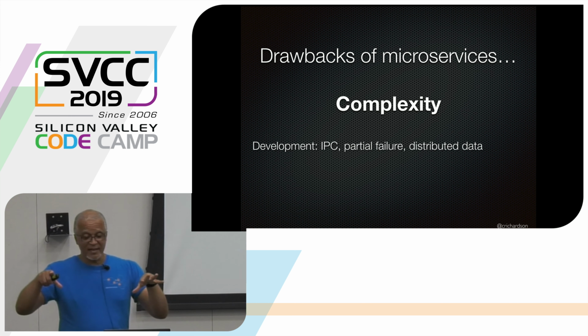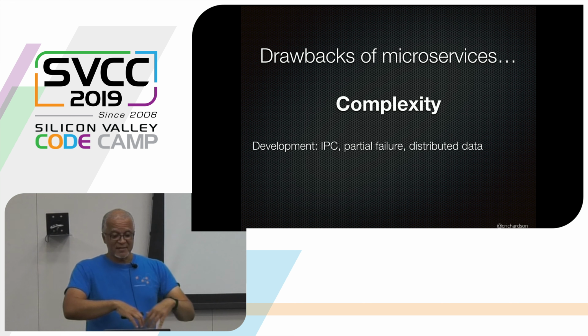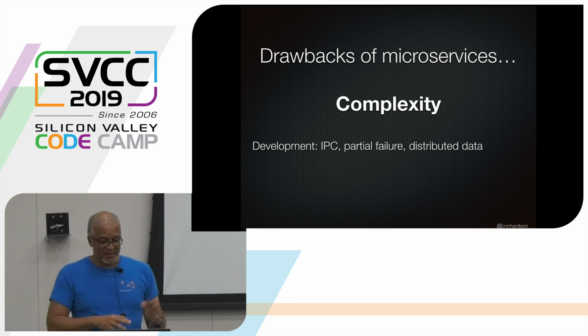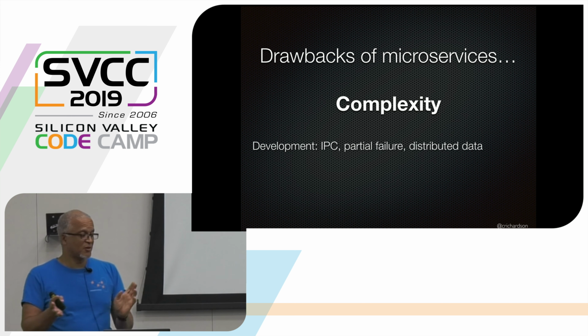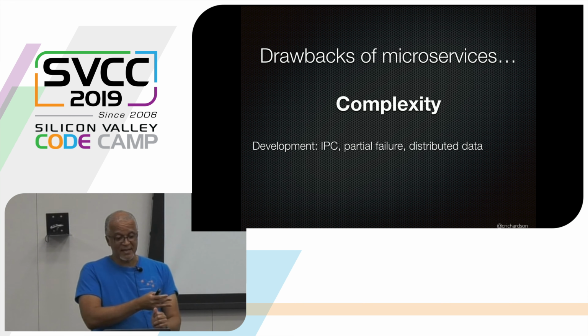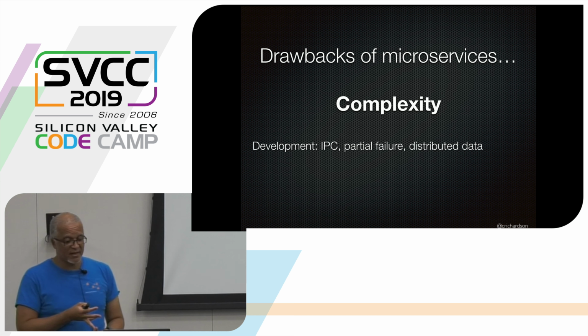Also, the fact that each service has its own database creates some really interesting challenges around distributed data management. And that's a whole other complex topic. In particular, you have to give up using ACID transactions between services and use eventually consistent sagas instead.